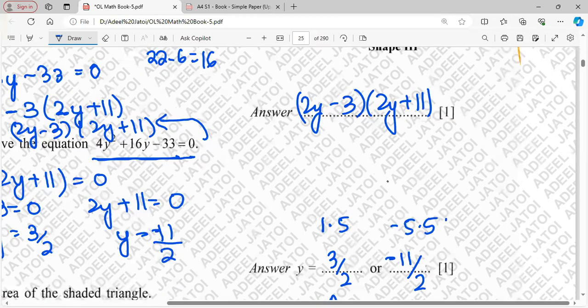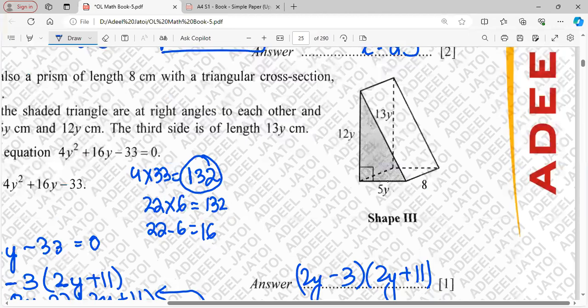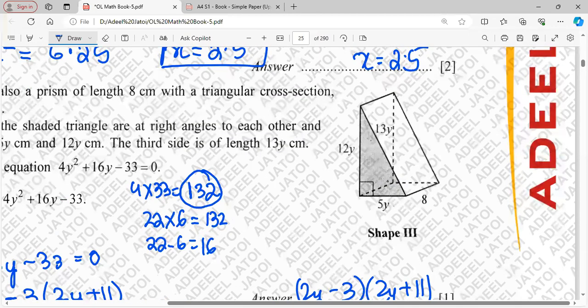Now, working down with the other shapes. Let me calculate it right here. Let's say we have this base. So this should be 8 into 5y, which is 40y.